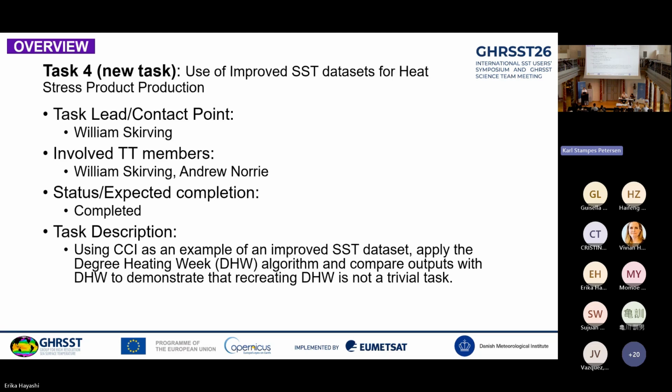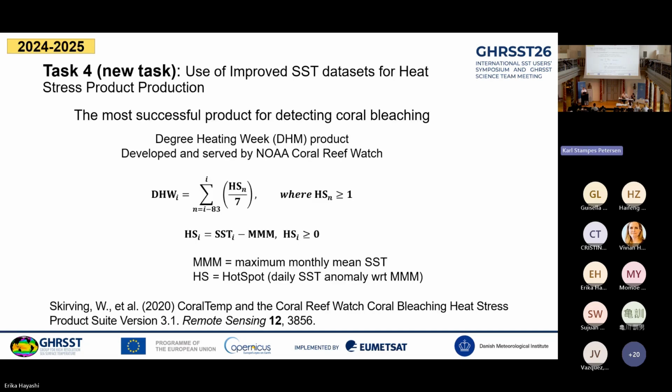So I thought it made sense to show you what it's like if you try and take the Coral Reef Watch DHW product and apply it to a modern-day data set like CCI. This is the algorithm. It's actually very simple, and if you look up the paper, it describes it very well.